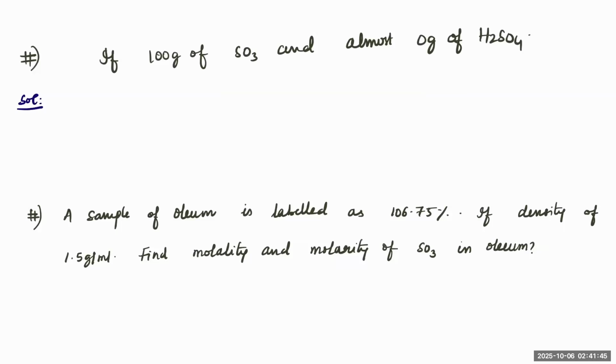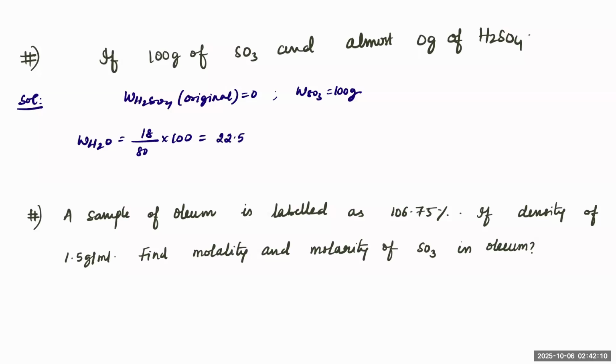The weight of original H2SO4 is 0, but the weight of SO3 is 100 grams. So the weight of H2O that is to be added is 18 by 80 into 100. Now this is coming as 22.5 grams.